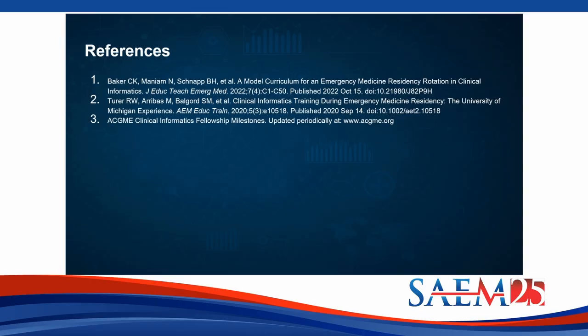Hi, my name is Cynthia. I'm a second year Utah resident. I've been interested in informatics from when we started. We don't have a formal track or anything, but I've been able to get involved. We have two informaticists and they are very strapped for time, so it's been very hard.